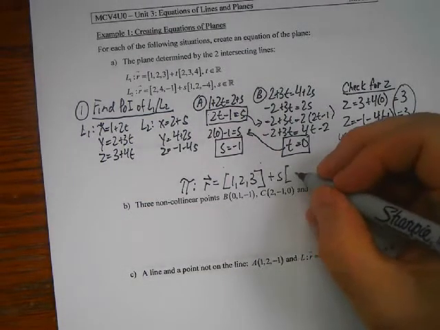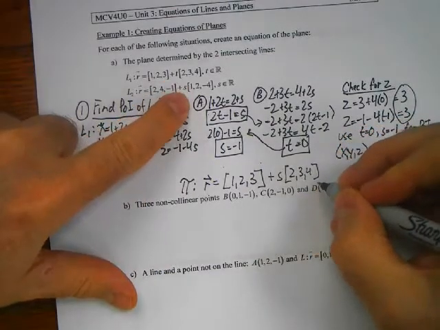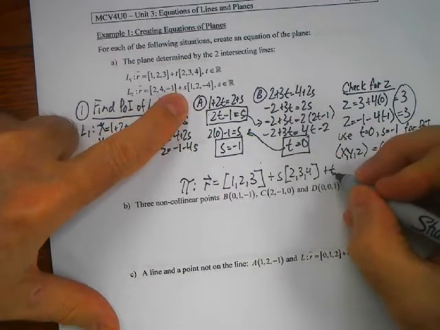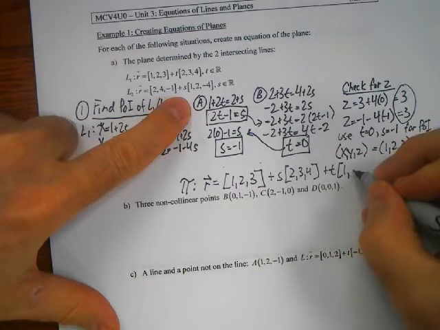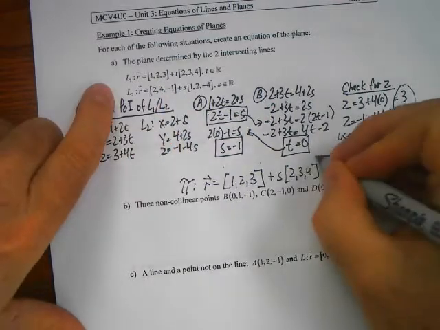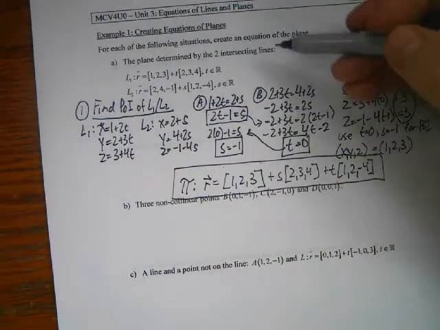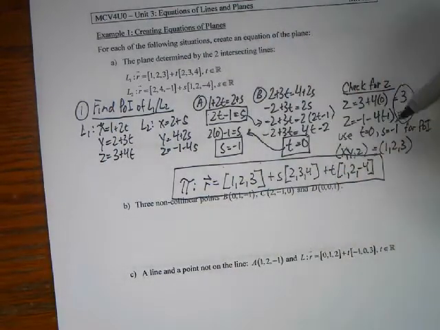So the first one would be 2, 3, 4. The order here doesn't matter. And the second one would be 1, 2, -4. So that is our equation given two intersecting lines. This is how we would do that.